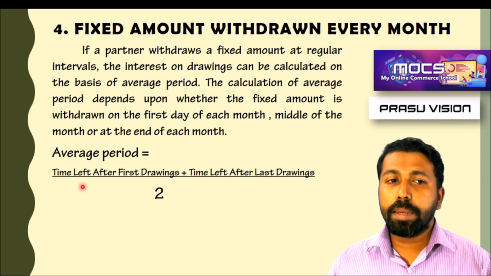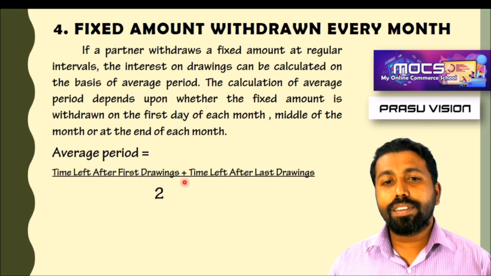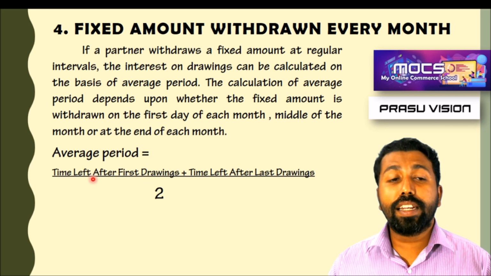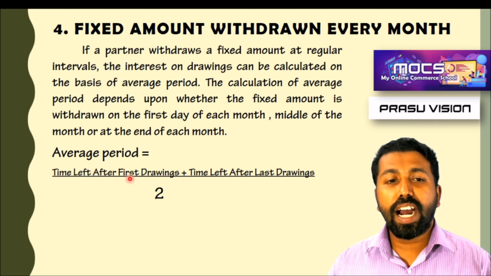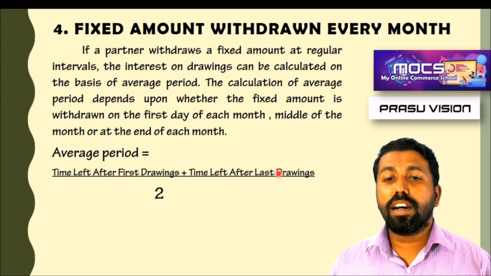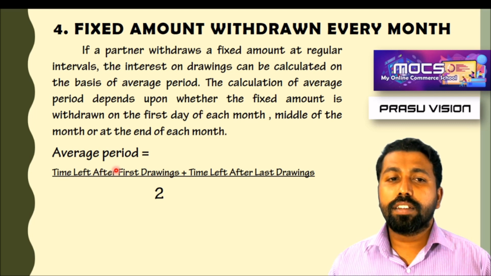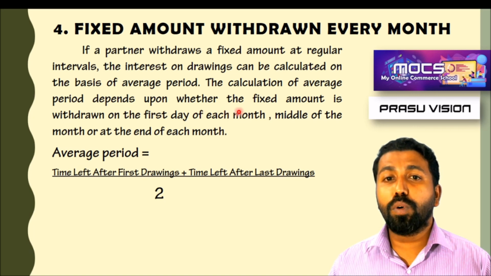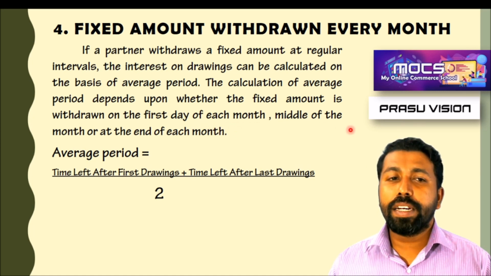Once again, time means the number of months left after the first drawings plus the number of months left after the last drawings date. So remember, divided by 2 is the average period. In each case, the average period will be different. The calculation of average period depends upon whether the fixed amount is withdrawn on the first day of each month, the middle of each month, or at the end of each month.